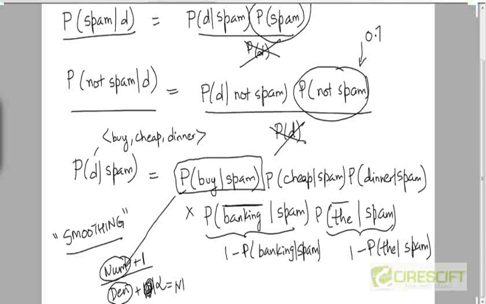Then you can look at the actual training data, and if you visualize your training phase to be that, then however many number of times you actually see the word by in the spam class, you'll add a 1 to it, because this corresponds to the base document.